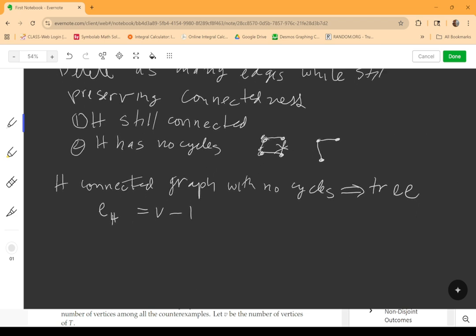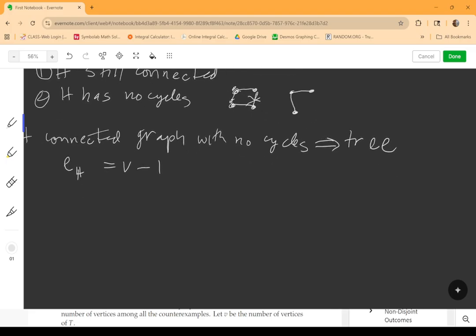Now, H was obtained from G, so the edges in H must be less than or equal to the edges in G, because maybe we removed some, maybe we didn't. It might have already been connected with no cycles. Remember, our only hypothesis is that it is connected.